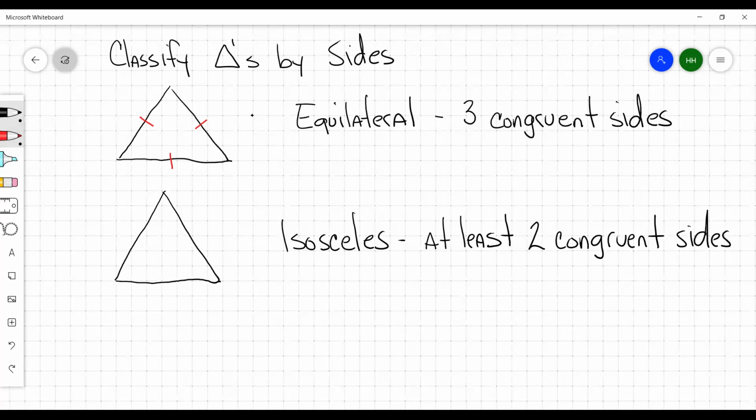So you would see tick marks on just two of the sides. Isosceles triangle, two congruent sides. Equilateral triangle, three congruent sides.